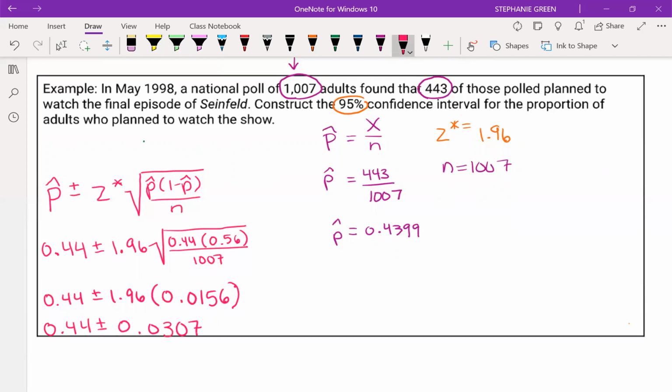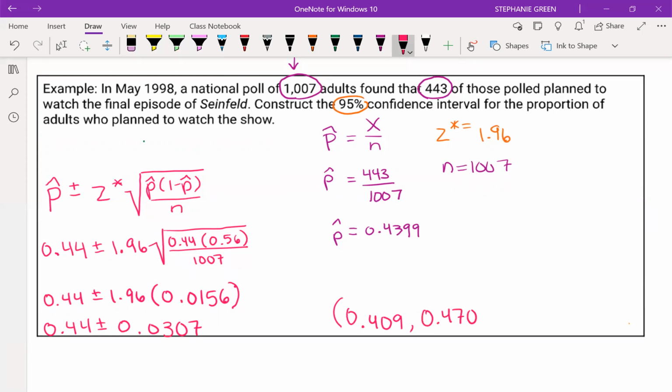And then I'll add and subtract that from 0.44 to get the bounds of my confidence interval. When I subtract, I get 0.409. And when I add, I get 0.4707.